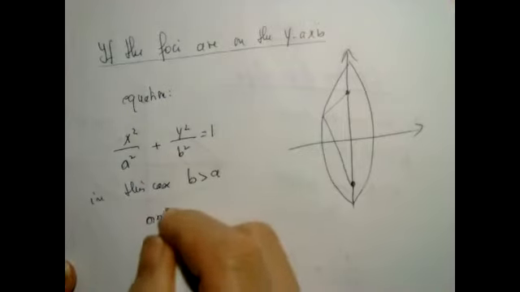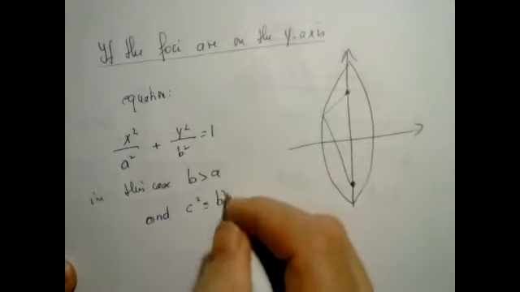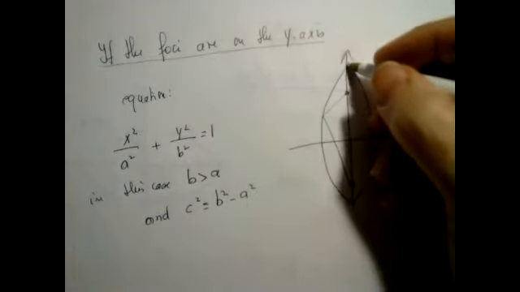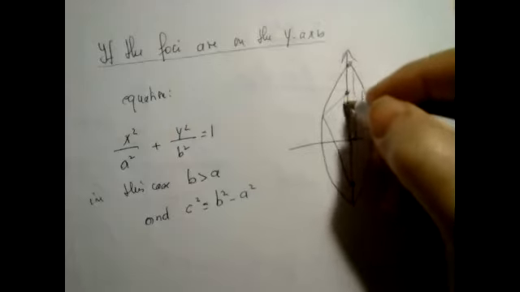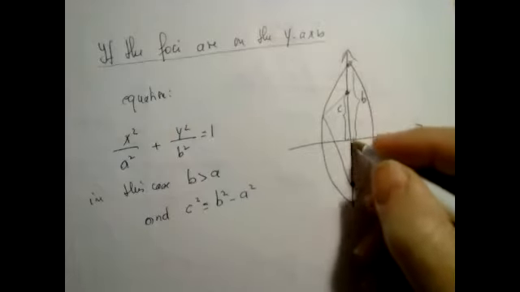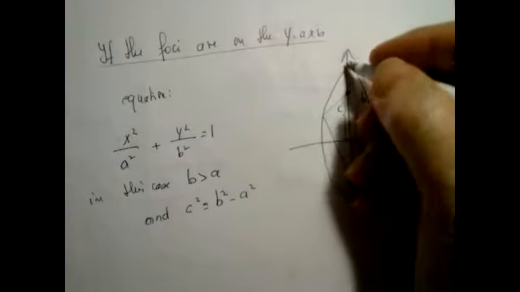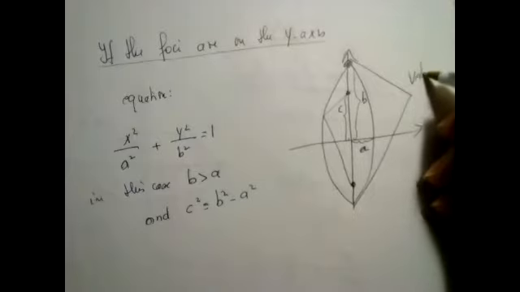And C squared will be, so A takes the role of B, that's really what happened, C squared will be the larger square minus the smaller square. So on the picture, this is my B, this is the C, and this is the A. And those will be called the vertices in this scenario.